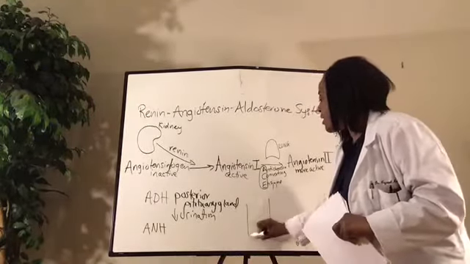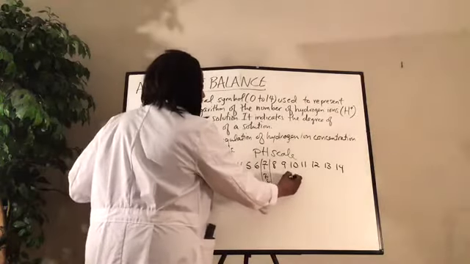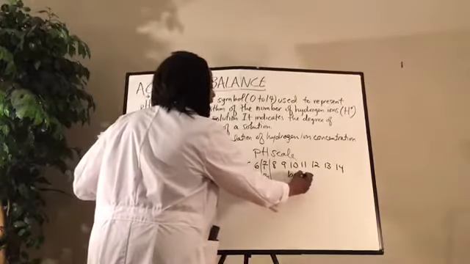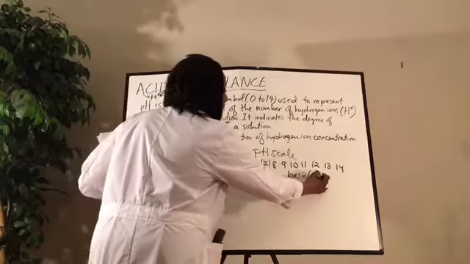This is the pH scale. Everything less than 7 is acidic, so 0 to about 6 is acidic. Everything greater than 7 is basic or alkaline. So 8, 9, 10, 11, 12, 13, 14 would be considered alkaline.